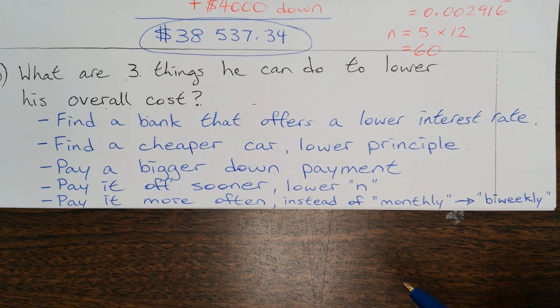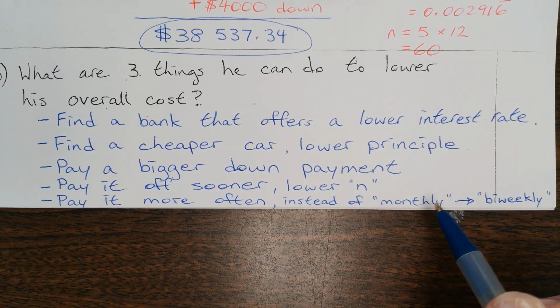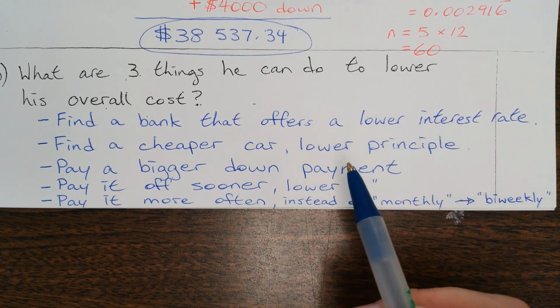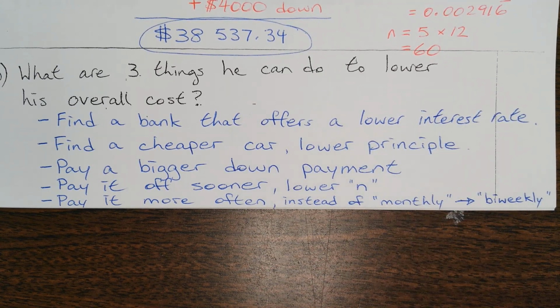Yeah, it decreases. So remember, your interest is based on your principal amount, like the amount that's left at the end of each month. So if you pay it more often, instead of monthly, you're doing bi-weekly, that means every 2 weeks, the remaining amount that you have to finance is lower, and so you pay less interest.